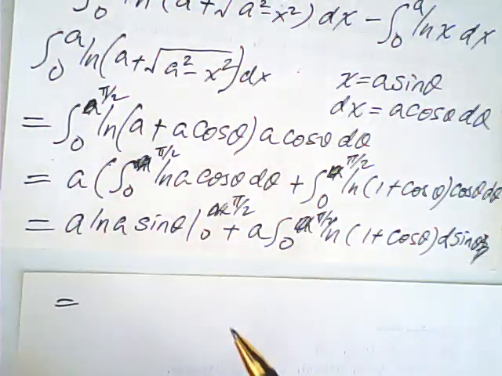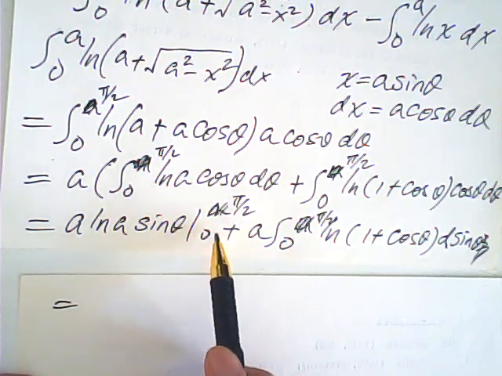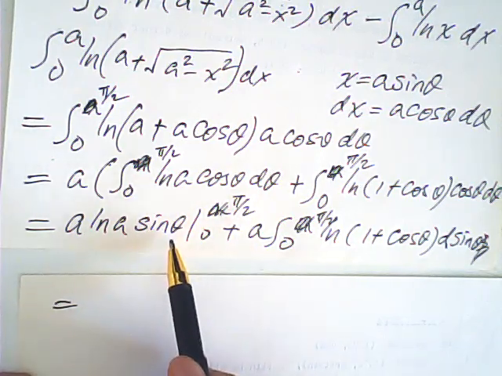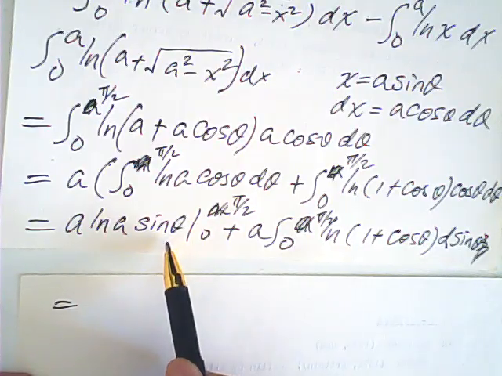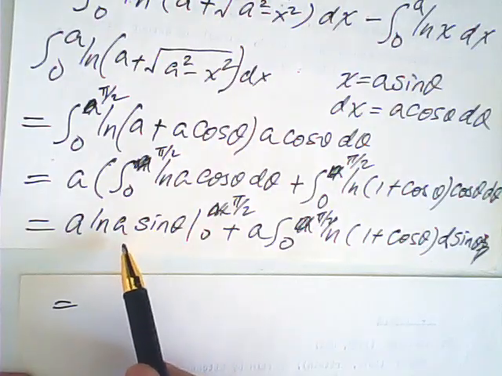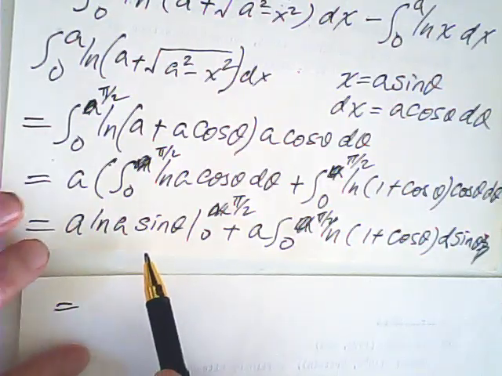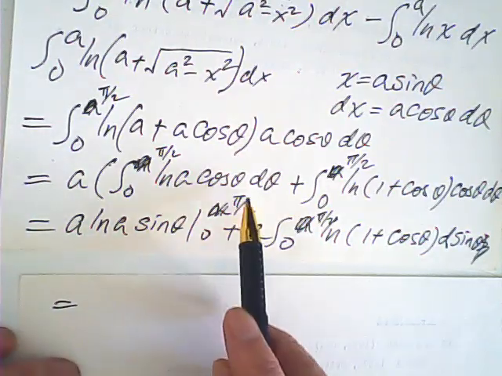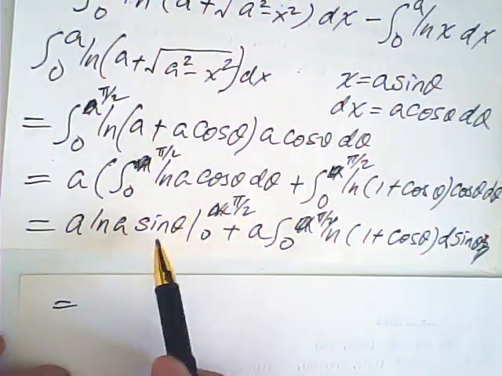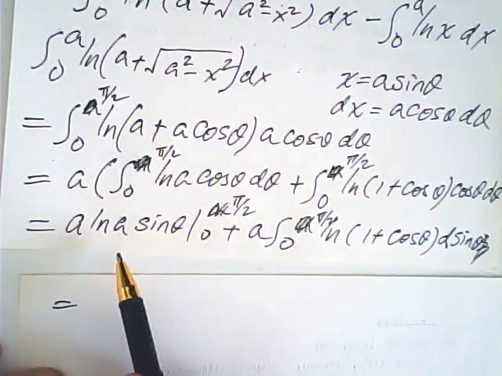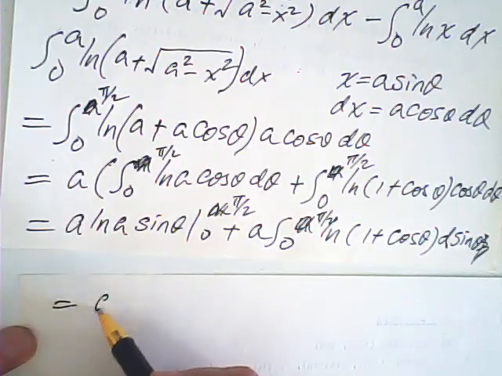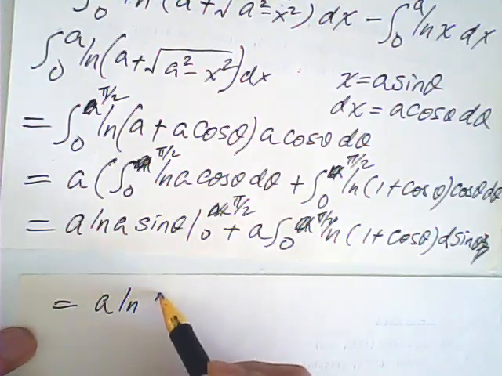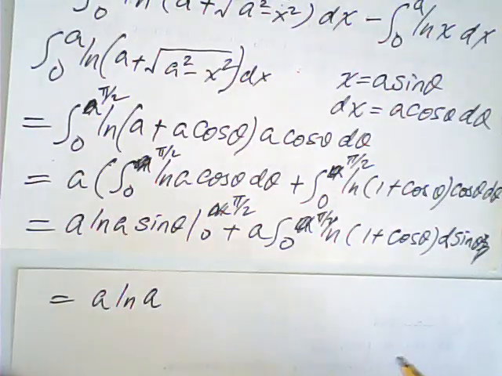All right, and then this one will be 1, right? Log 1 is 0, and 1 is okay, then it becomes a log a, and 0 is 0.